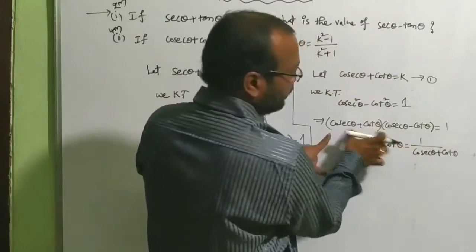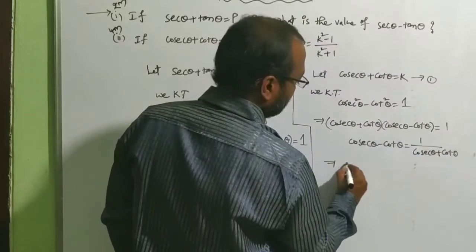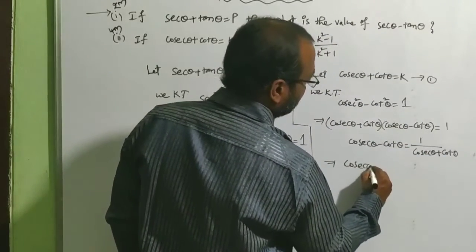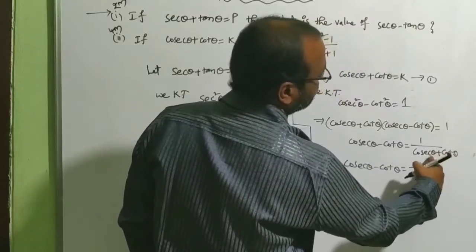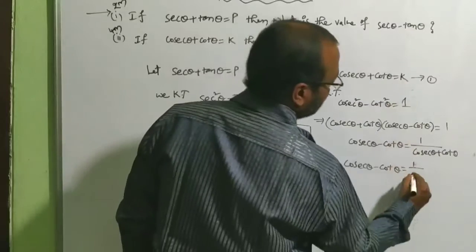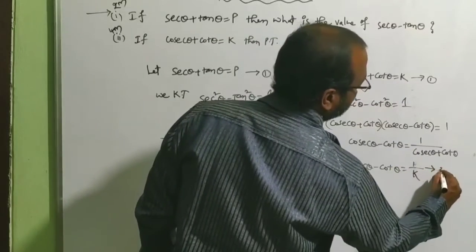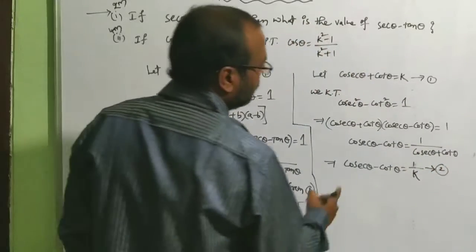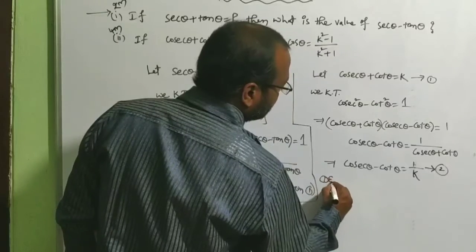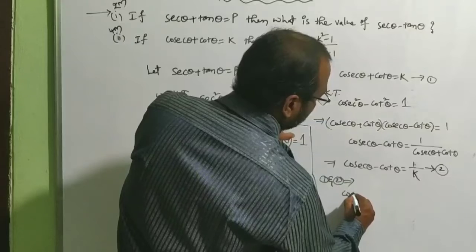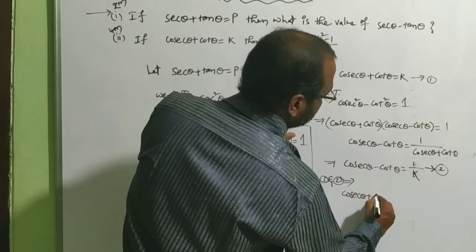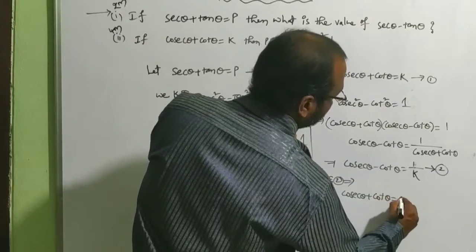Why? Because the multiplication becomes division here. So now cosec theta minus cot theta is equal to 1 by, in the place of cosec theta plus cot theta, we can replace with k. Take this as equation number 2. Now 1 and 2 imply, what is 1 here? Cosec theta plus cot theta is equal to k.